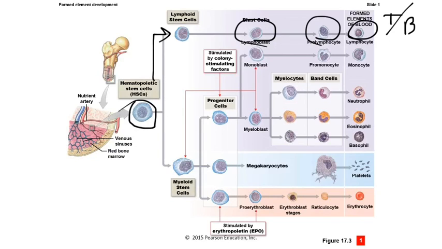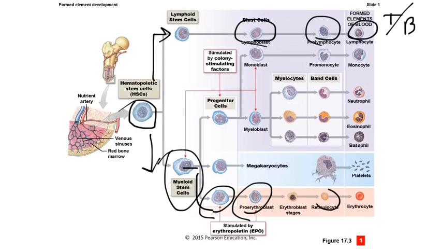Everything else is going to come from this myeloid stem cell, and it has some choices. It can differentiate through the erythropoietin pathway to become a pro-erythroblast, and then a reticulocyte, and then an erythrocyte. That's your mature red blood cell. That same myeloid stem cell can, through other hormonal signals, become a megakaryocyte.